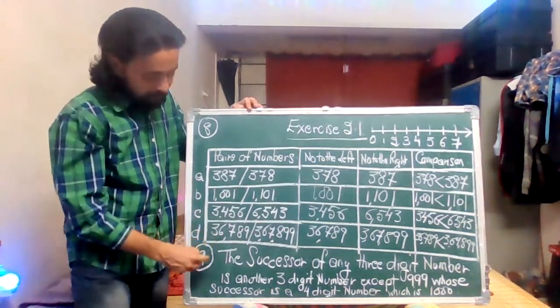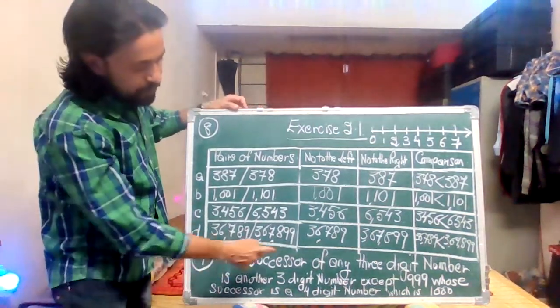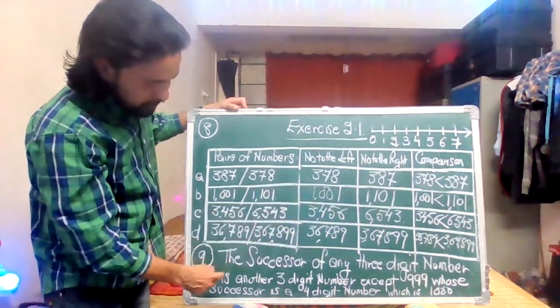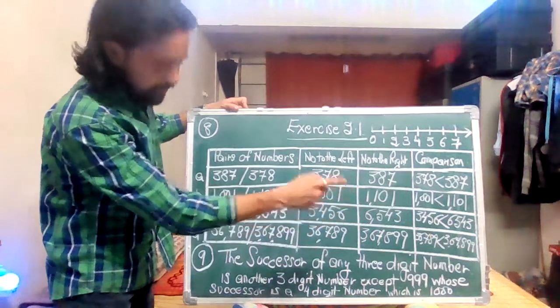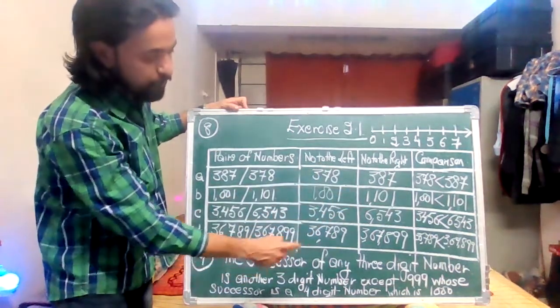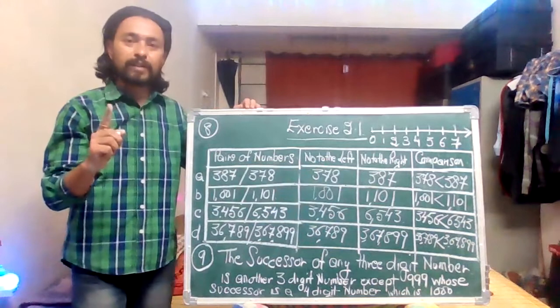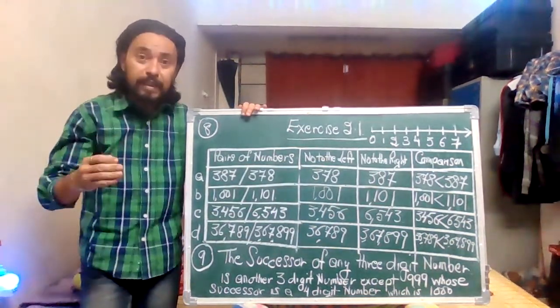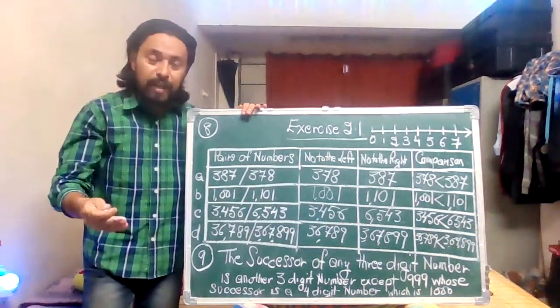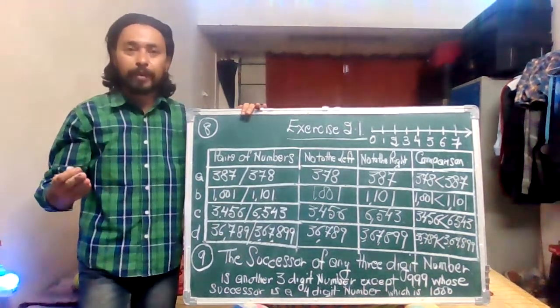So that is what I have written here for sum number 9. The successor of any 3-digit number is another 3-digit number except 999, whose successor is a 4-digit number, which is 1000. For all 3-digit numbers, the number that comes immediately after will be a 3-digit number.